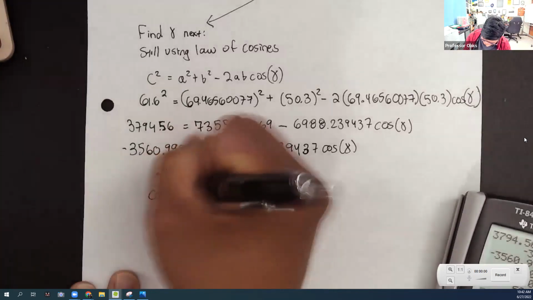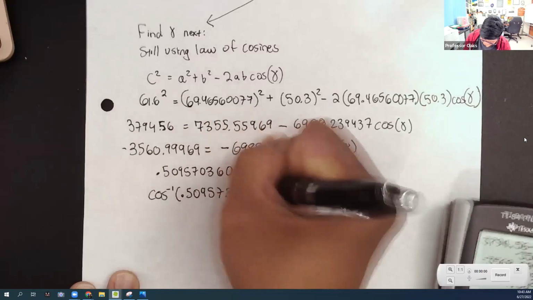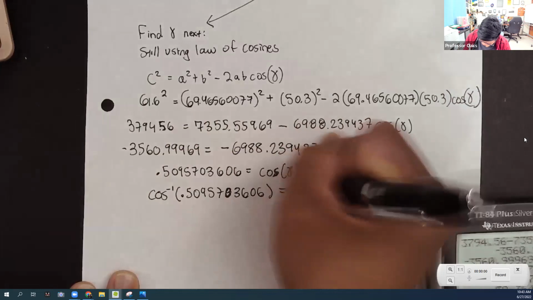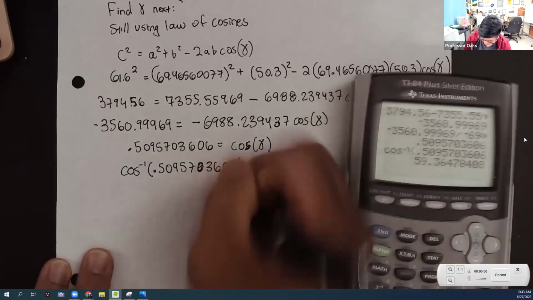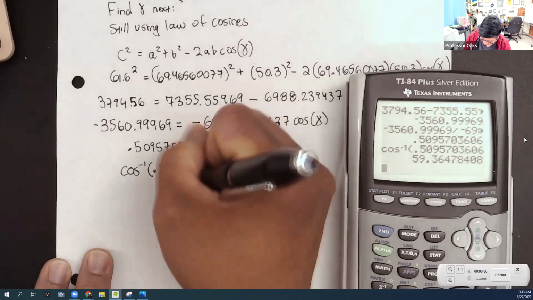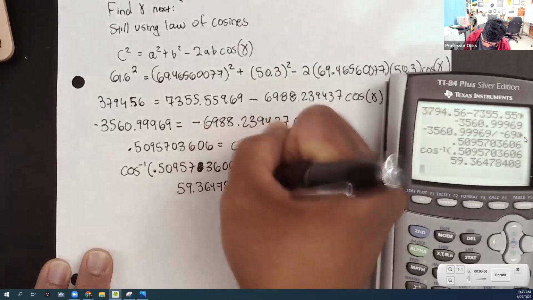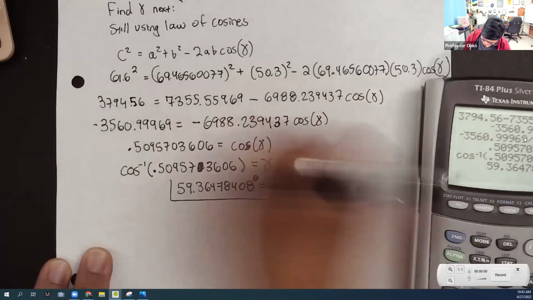So cosine inverse of 0.50957003606 is gamma. And then as long as you're in degree mode, you should get 59.3647848 is equal to gamma in degrees.